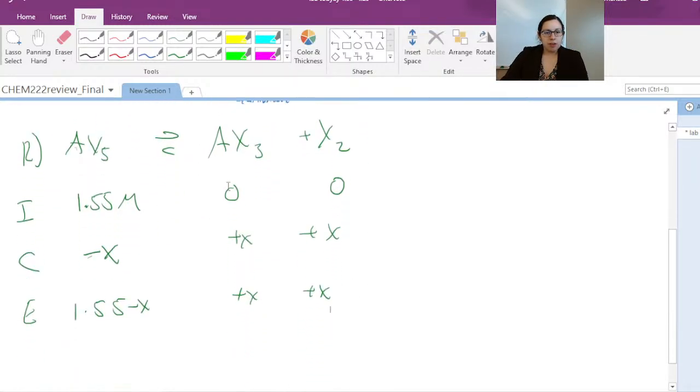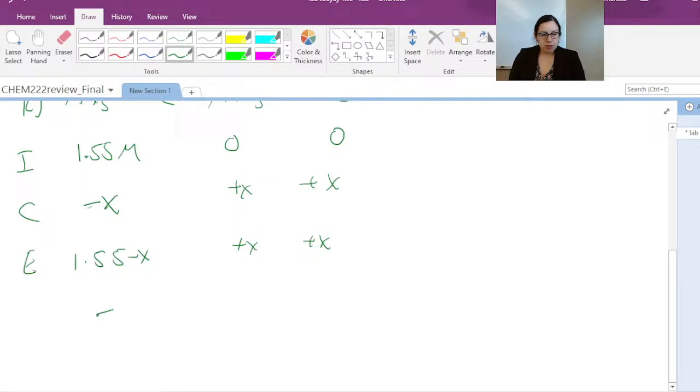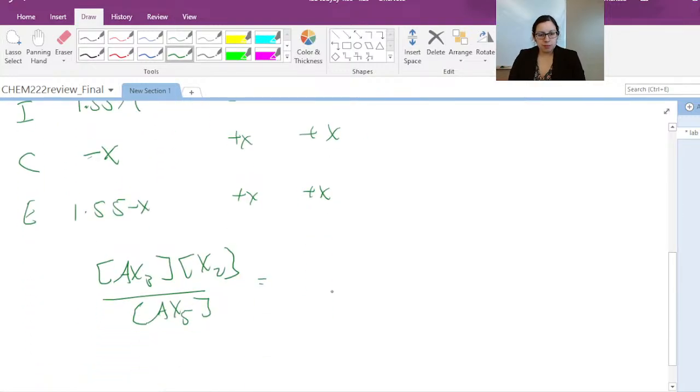So again, we're given our Kc. We can write our expression. I'll just write it in terms of symbols first. So that equals 0.0677.